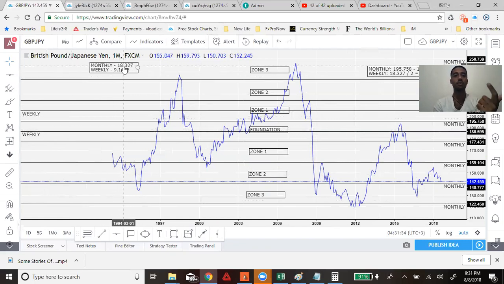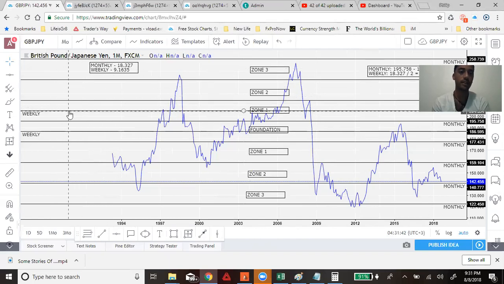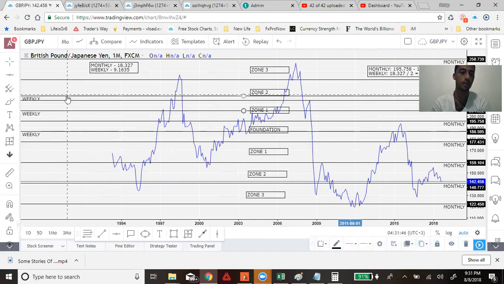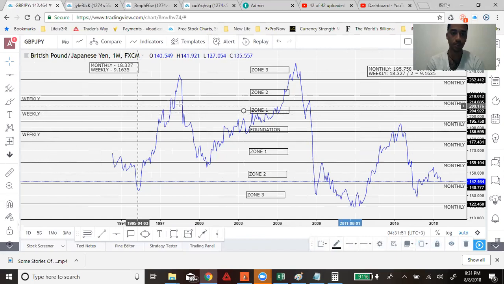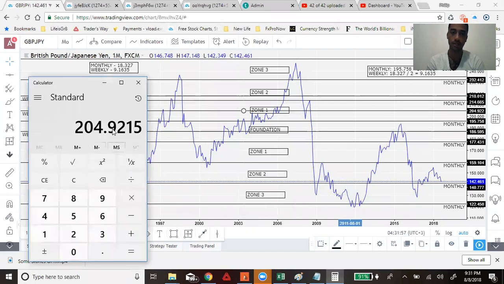So we're going to take that 18.327, right, and add that weekly right here to the 18.327, and then we got that weekly. Now, what are we going to do? We're going to do the same exact thing, copy, paste, right? We're going to take this weekly number that we came up with in zone 1, 204.922, which is this number right here, and we're going to add 18.327 to it.